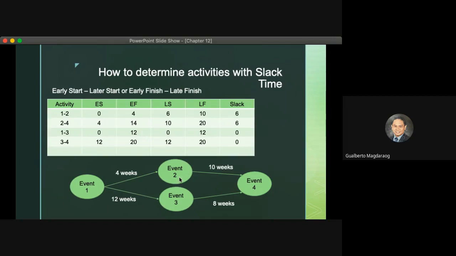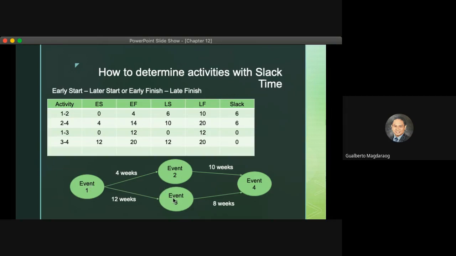And then for event 2 to 4, the earliest start is after 4 weeks, so 4. They cannot start on the third week because event 1 to 2 is not yet finished. So the earliest start is after 4 weeks, and therefore the earliest finish is 14 weeks, after 10 weeks.